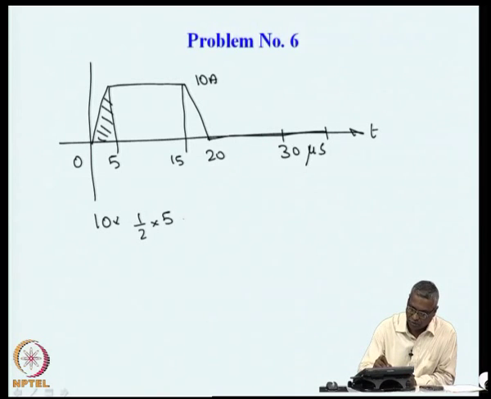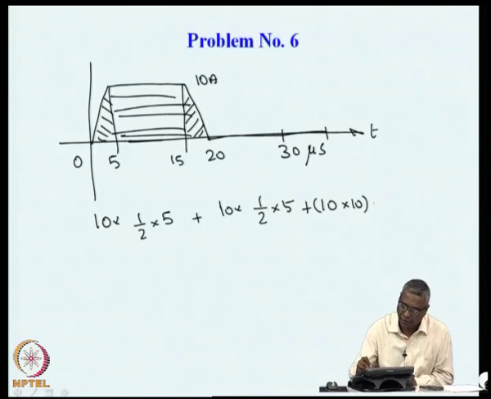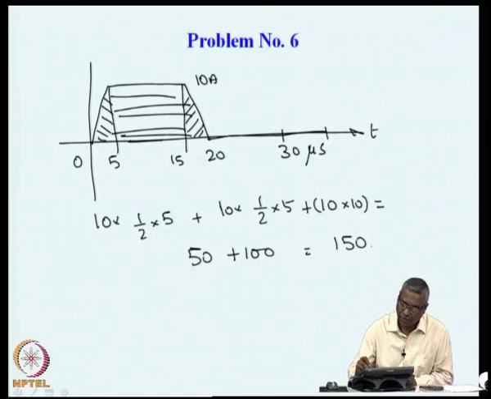Similarly, there will be one more such area here, plus 10 into 1 by 2 into 5, which is this part. Then plus I will have 10 into 10, which is this portion. So, if I add all these areas, this would be 50 plus 5 into 10 by 2, 5 into 10 by 2, total 50 plus 100, which is 150 units, divided by 30 microsecond.